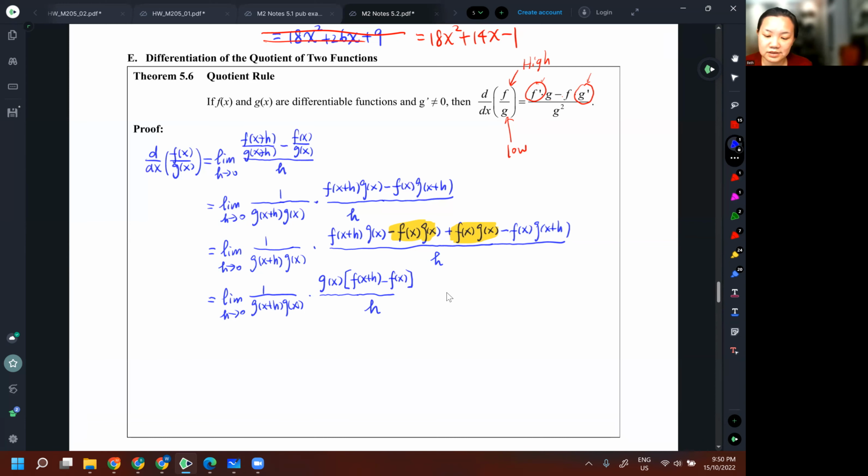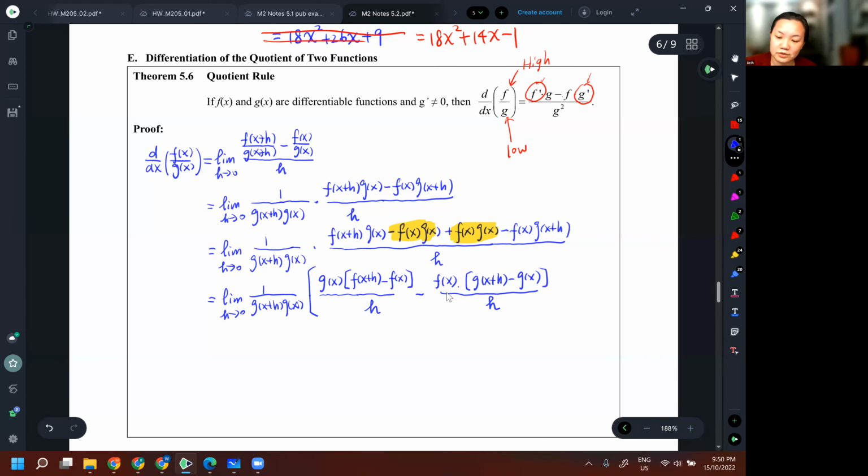The second one is minus f of x bracket g of x plus h minus g of x divided by h. Now here, put them together.